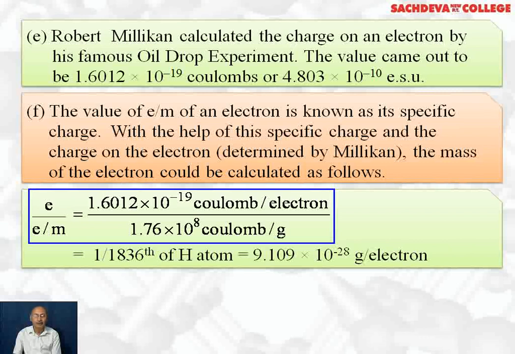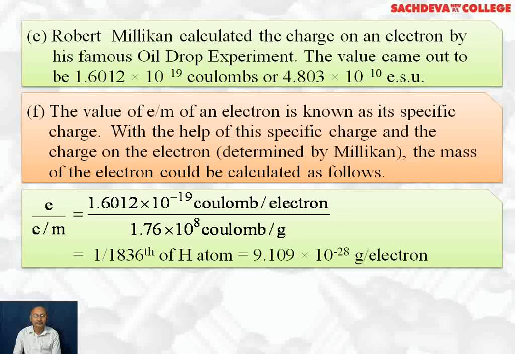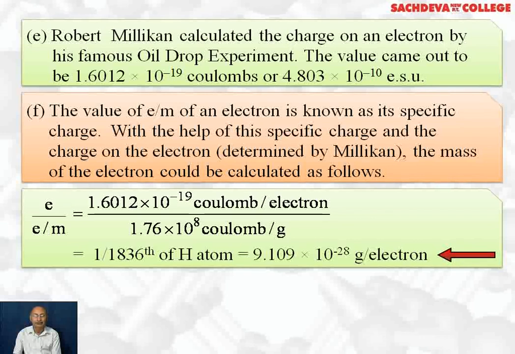1.6012 into 10 power minus 19 coulombs per electron divided by 1.76 into 10 to the power 8 coulombs per gram. So this mass comes out to be 1 over 1836th of the mass of one hydrogen atom, and the absolute value is 9.109 into 10 to the power minus 28 gram per electron.